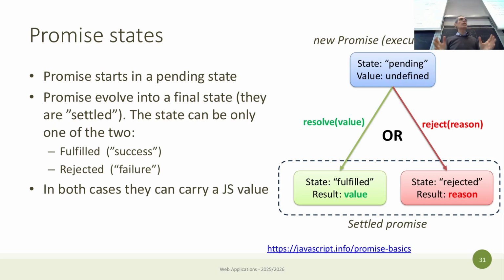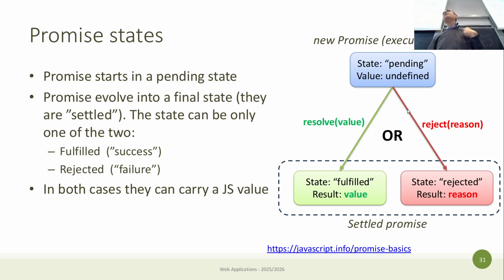Then the asynchronous operation is performed, and if everything is okay and there are results, like when you access the database, the rows from the database, the state becomes fulfilled, and we have a value. It can be any JavaScript value, remember: strings, numbers, but also arrays, objects, etc.